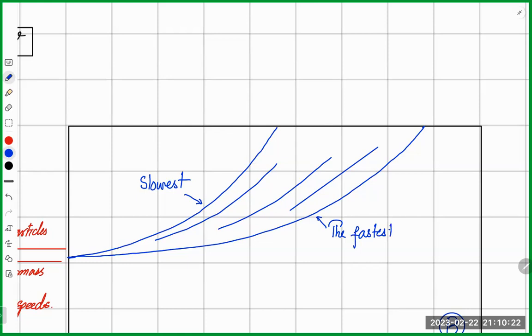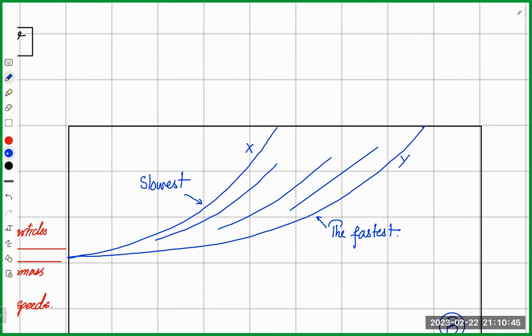Because which one has the bigger radius of curvature? Which one will be moving in a bigger circle? So if this is X and this is Y, then Y should be moving in a bigger circle. So Y has a bigger radius than X.